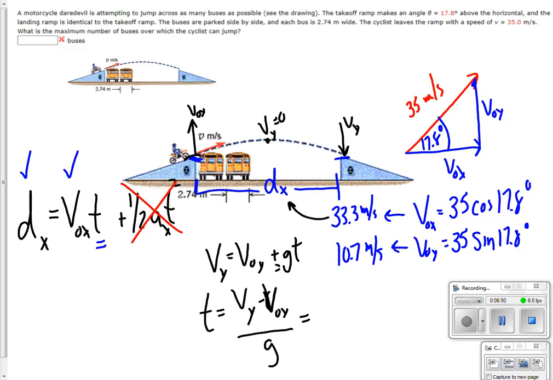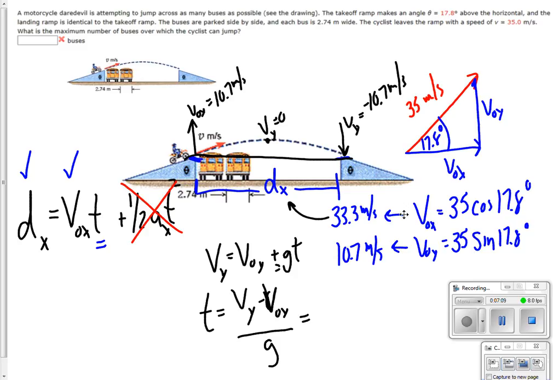Now there's a couple ways you could approach this conceptually. The fact that it's a nice symmetrical even plane, if vy going up is positive 10.7 meters per second, then vy over here at the end of the ramp has to be negative 10.7 meters per second.